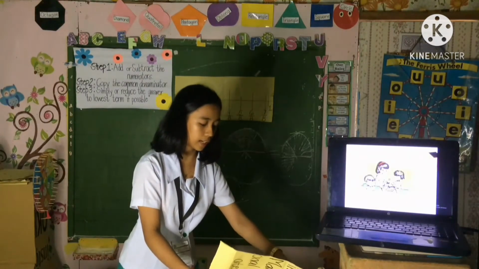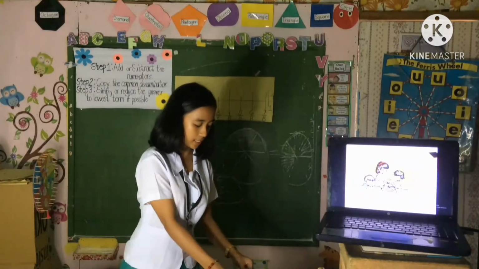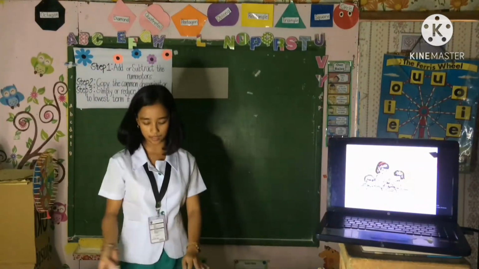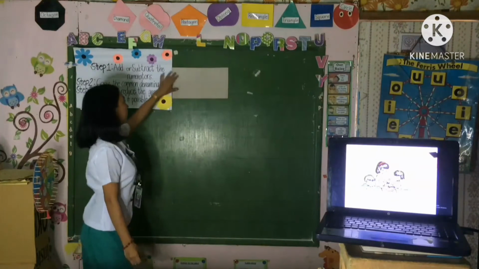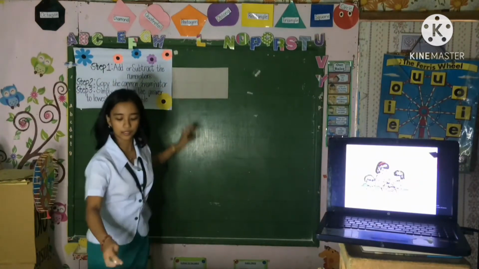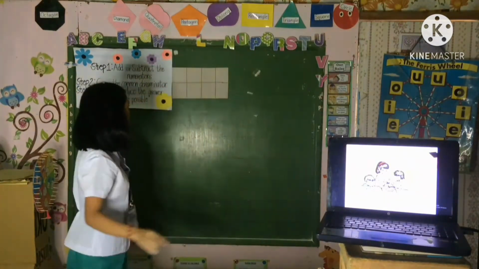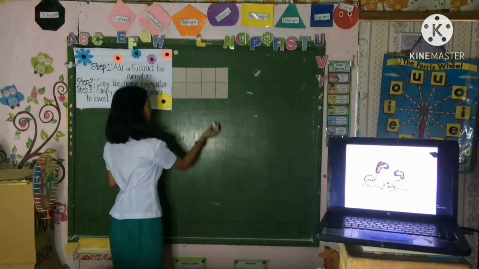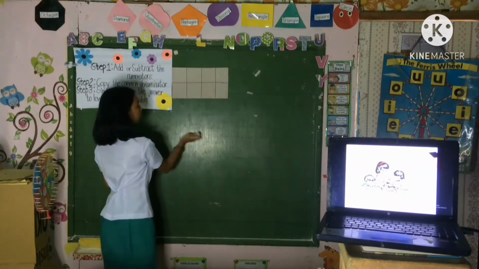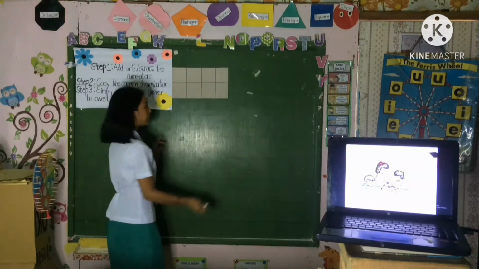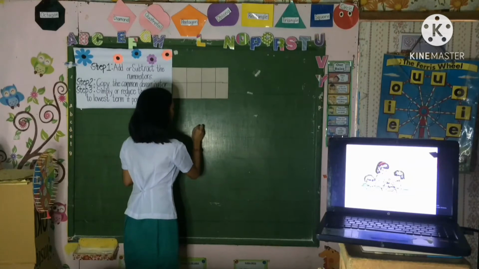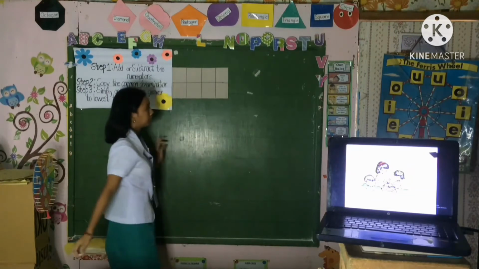So another exercise, you will answer this. A whole rectangle. We divide it into 8 equal parts. What is our denominator? Anyone? Yes, it is 8 because the rectangle is divided into 8 equal parts.